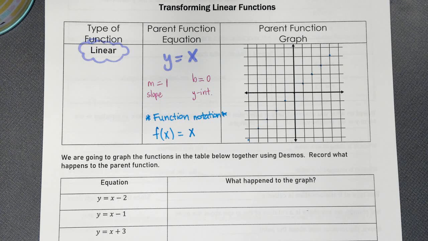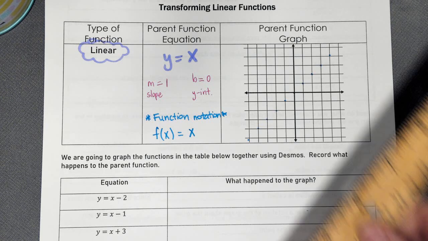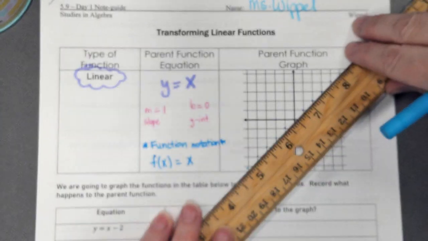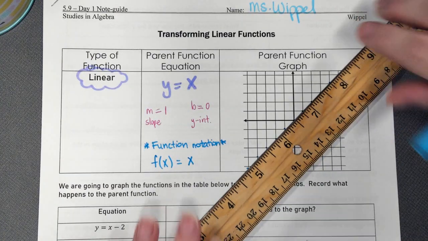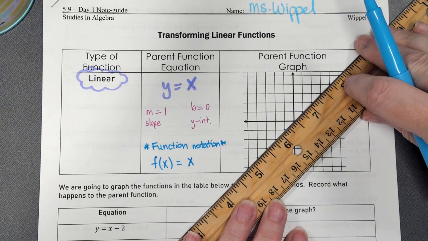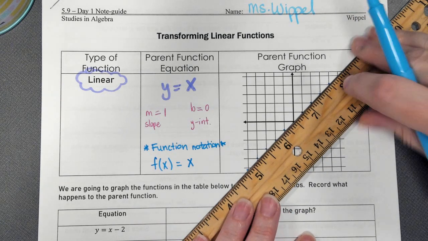And then you can connect them with your ruler. Okay, and then this y-intercept was 0, so you do start at 0, 0 for the parent function.